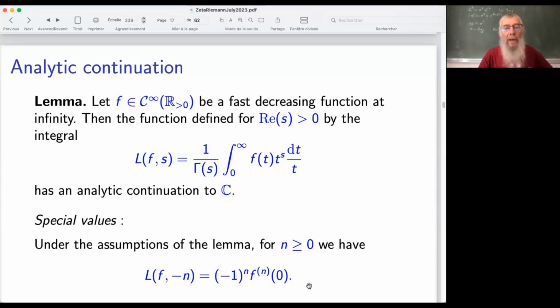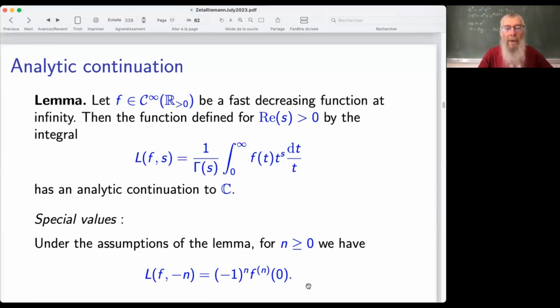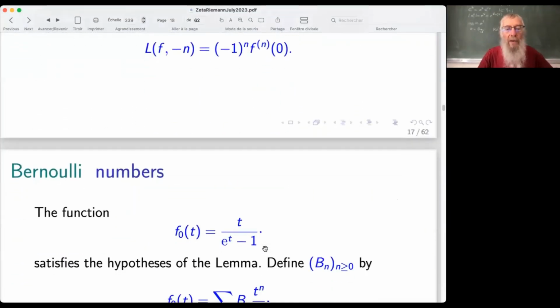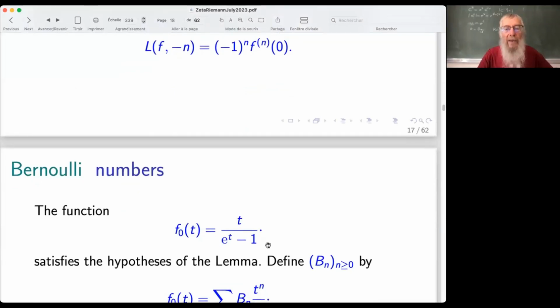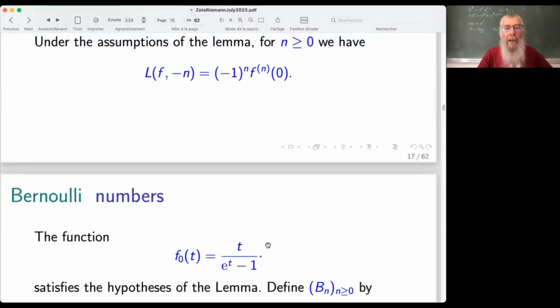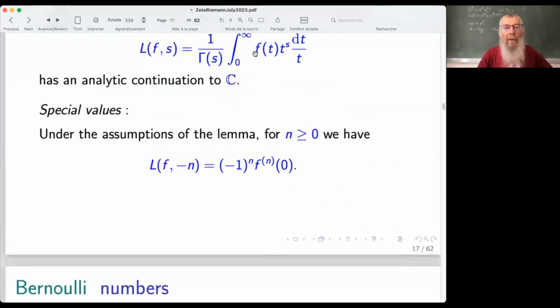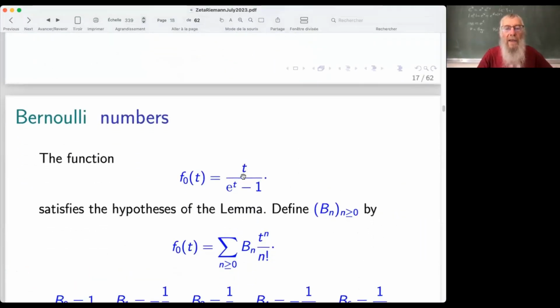And so this will be quite useful for the zeta function, because we have to look at the derivative of some function which is t over exponential of t minus 1. So we will use this formula for the function f of t, which is t divided by exponential of t minus 1, which is the sum of the exponential minus nt.